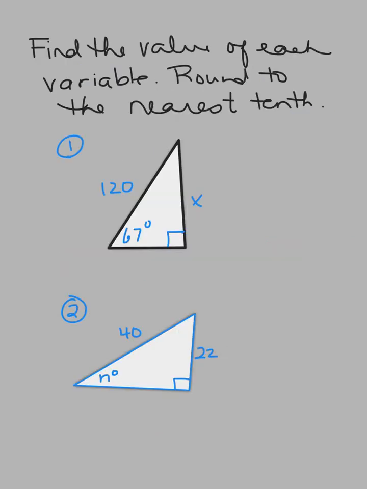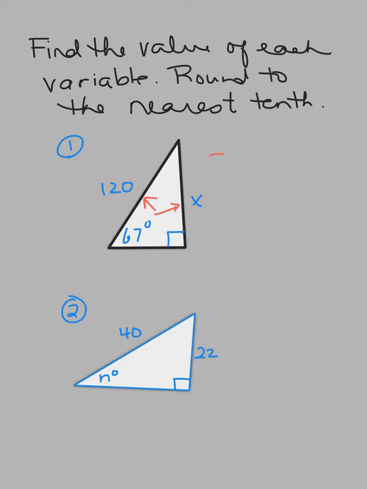My directions ask us to find the value of each variable, rounded to the nearest tenth. So now that I have a diagram, remember I can only use trig ratios in right triangles, so I have to figure out which trigonometry ratio I'm going to use, sine, cosine, or tangent. In number 1, 67 degrees is marked, and I have my leg that's opposite, and I also have my hypotenuse, so that's going to be sine.